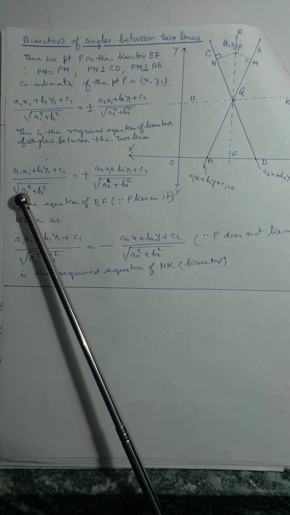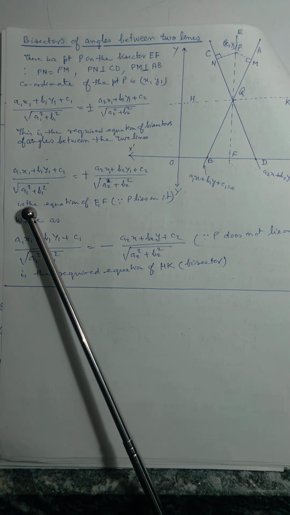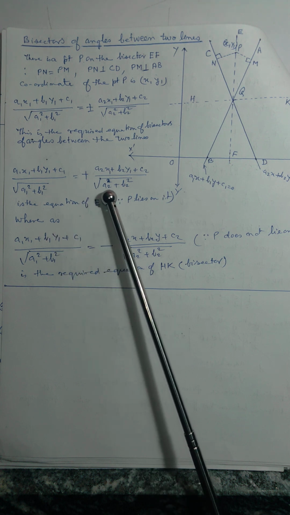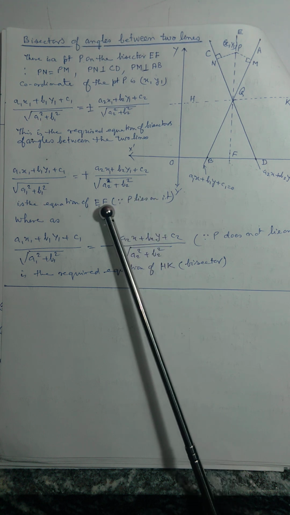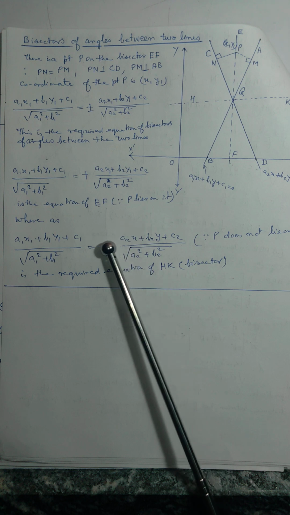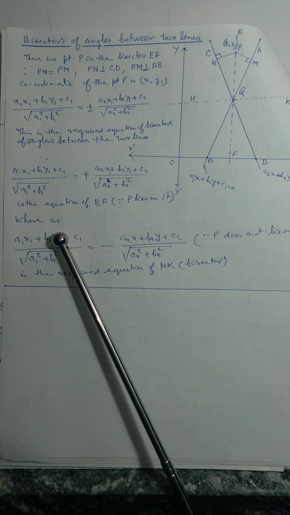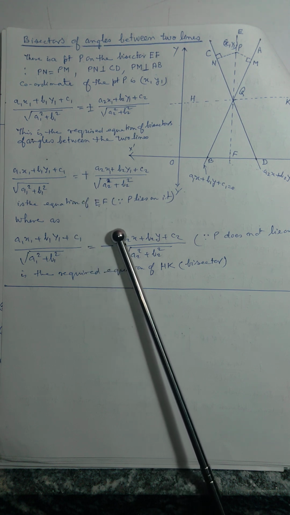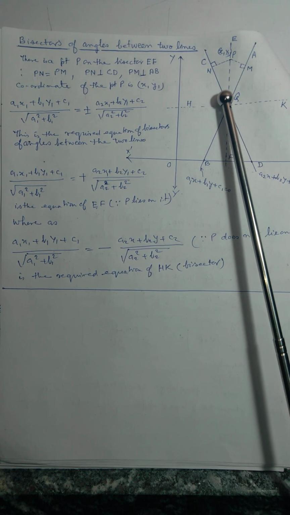Now, a1x1 plus b1y1 plus c1 whole divided by root of a1 square plus b1 square is equal to plus a2x1 plus b2y1 plus c2 whole divided by root of a2 square plus b2 square. This is the positive value, so it is the equation of EF, because the point P lies on it.